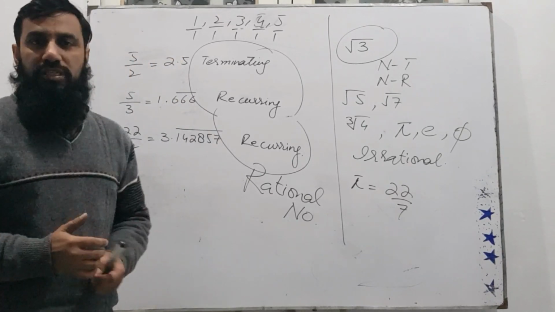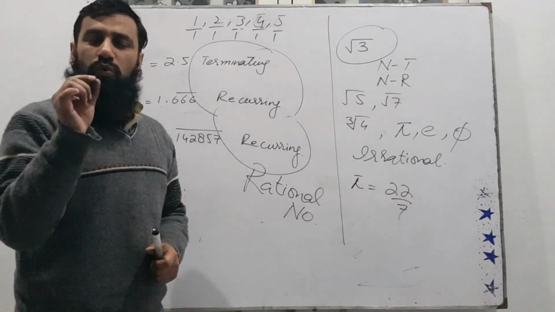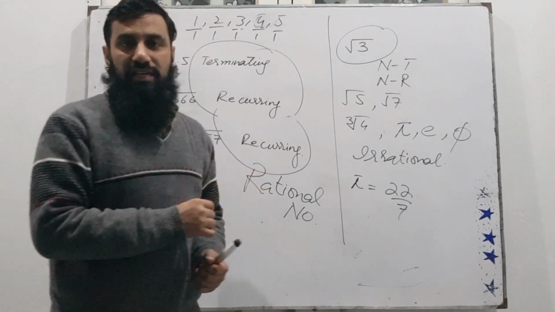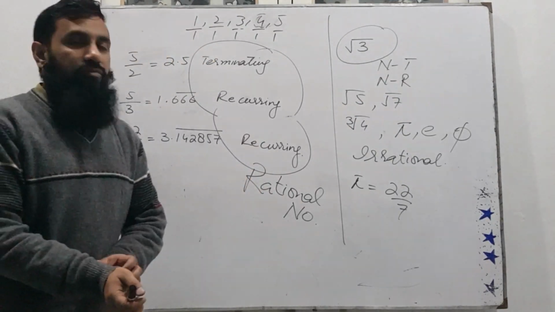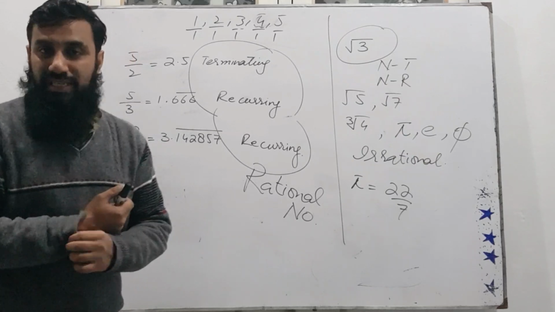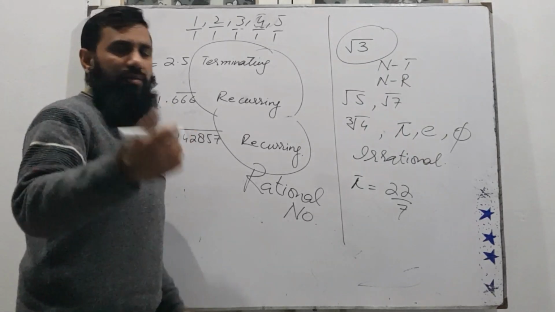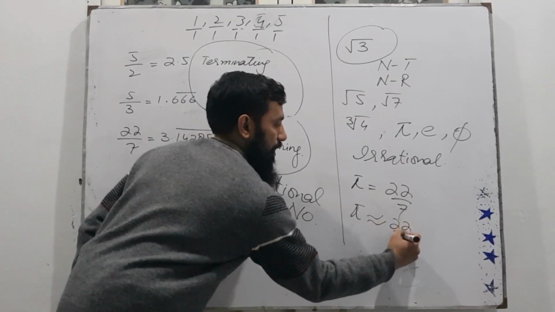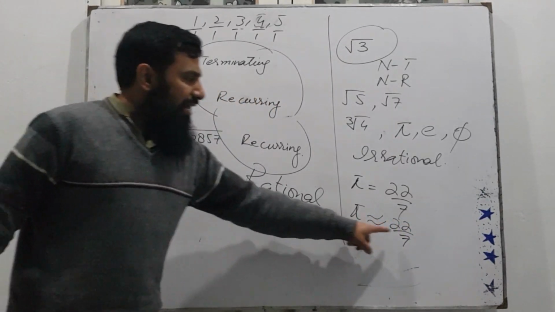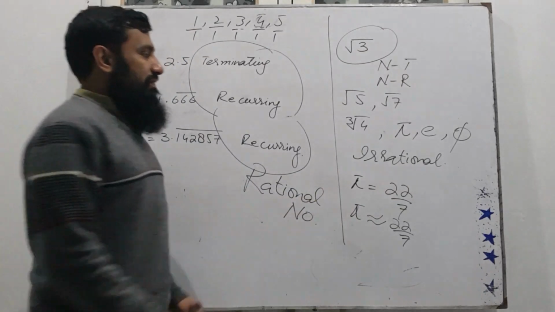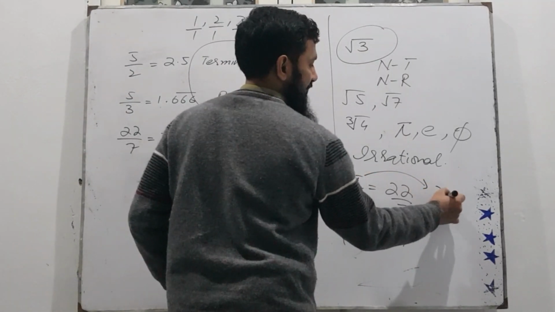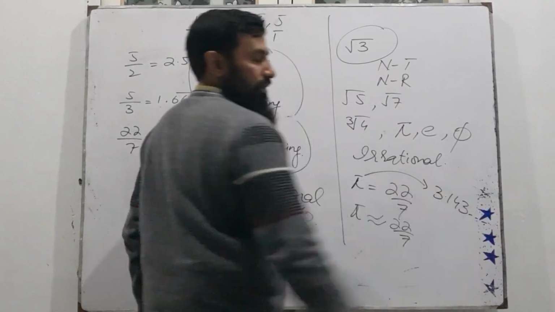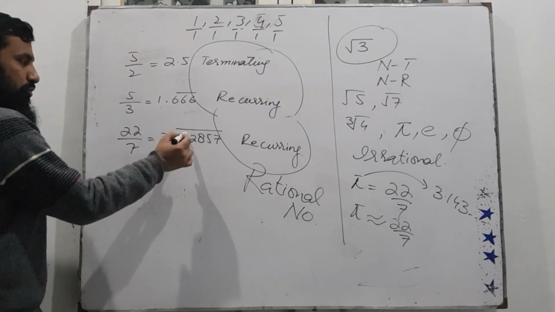Even in modern books they say use the value of pi as 22 by 7, but they won't say that the value of pi is 22 by 7. Sometimes they even write that pi is almost equal to 22 by 7, because the value of pi is 3.143 and non-repeating, and 22 by 7 is similar.